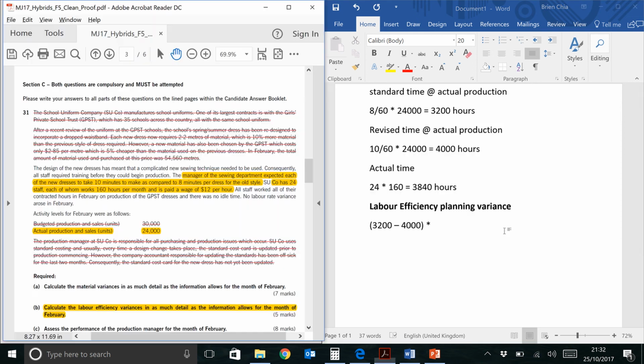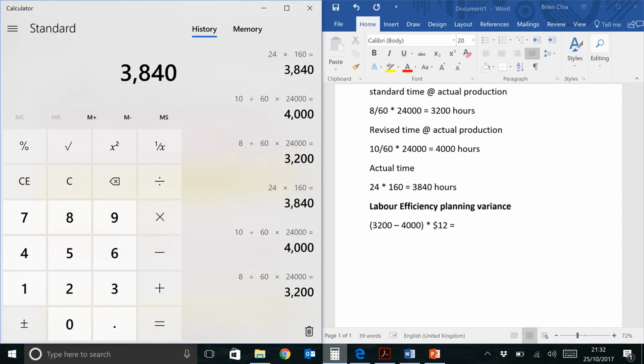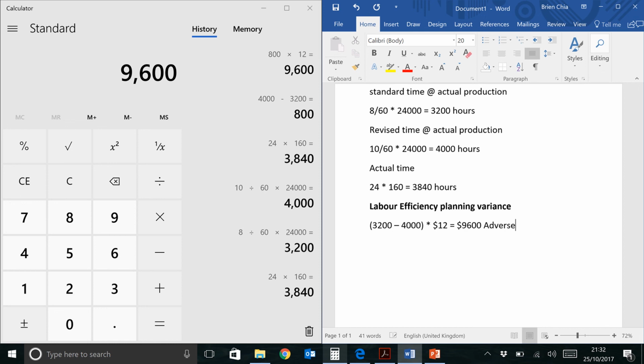Now in this particular question, they said that the rate is $12. They didn't really give us any other rate, so let's just take the $12 over here. So that should give us 4,000 minus 3,200, that gives 800, multiplied by 12, you'll get $9,600 adverse. The reason why this is adverse is because you have an actual increase in the time you expect to spend to make the dresses.